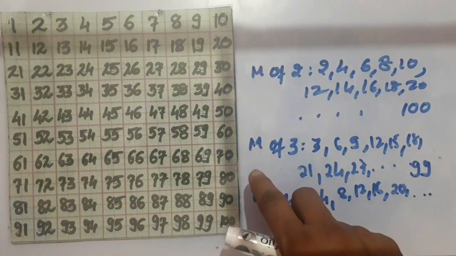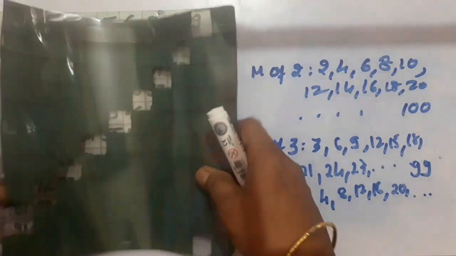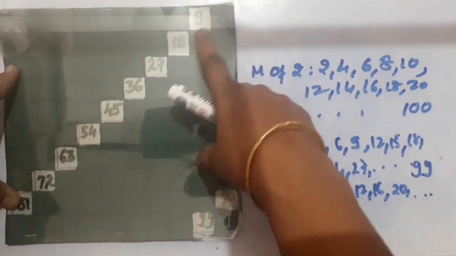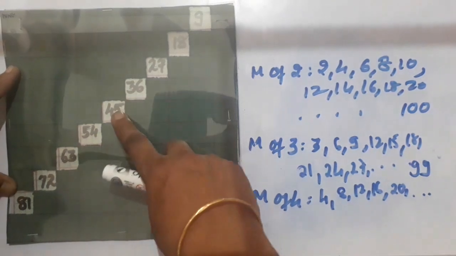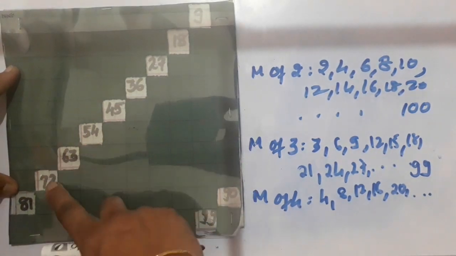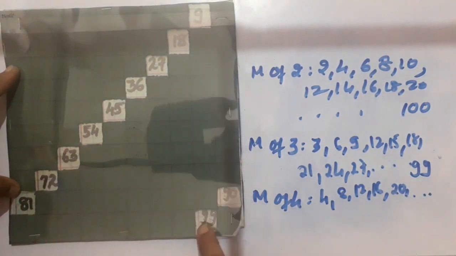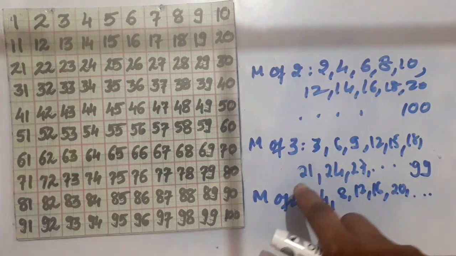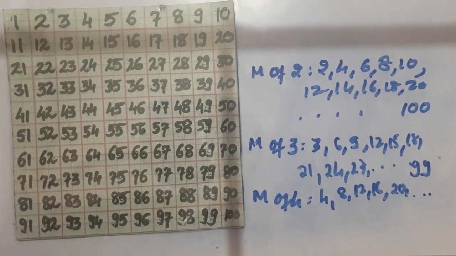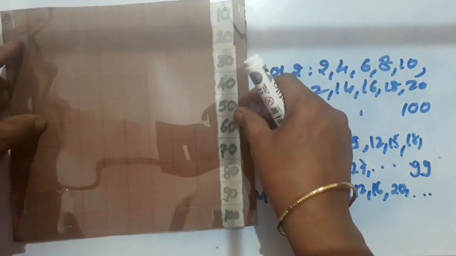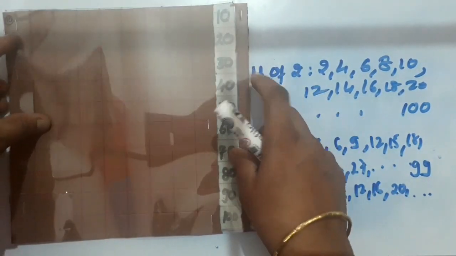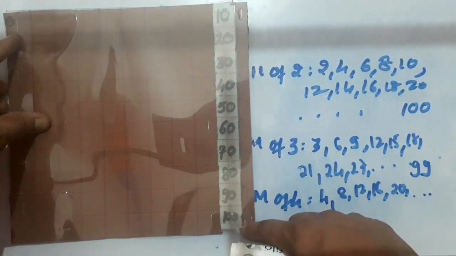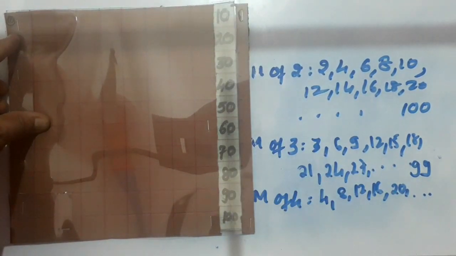Now we will find out multiples of 9, and here you can read out the numbers 9, 18, 27, 36, 45, 54, 63, 72, 81, 90 and 99. Okay, now we will see all multiples of 10. So here you can see all multiples of 10, 10, 20, 30, 40, 50, 60, 70, 80, 90 and 100.